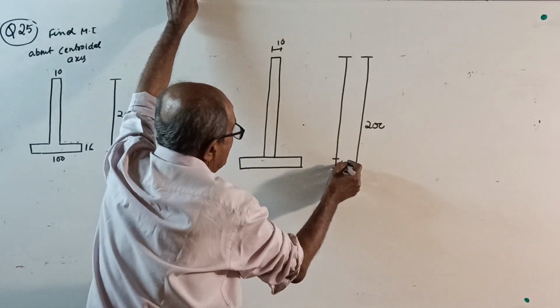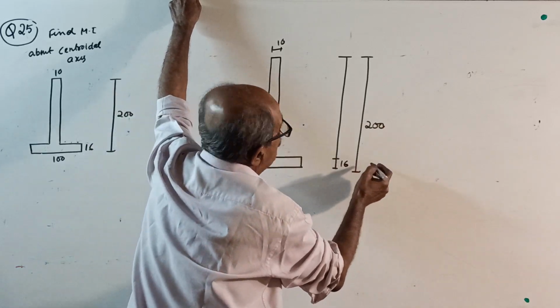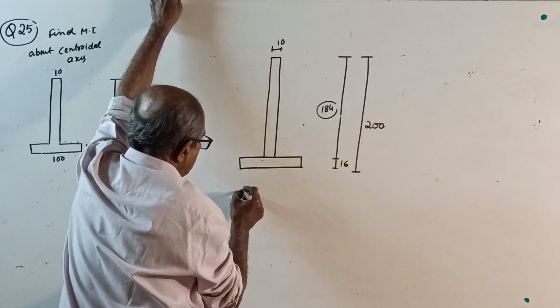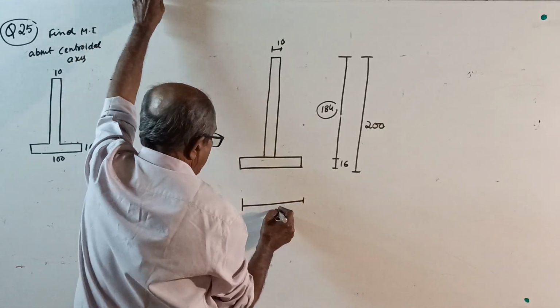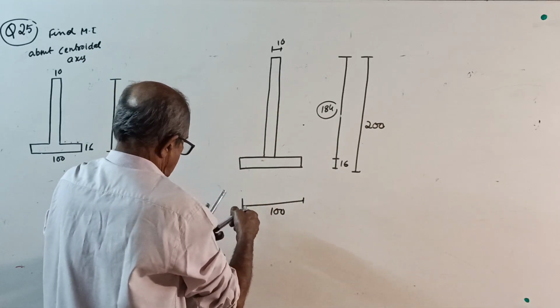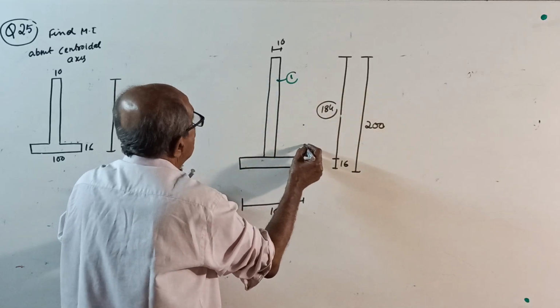So from 200, subtract 16, you get 184. Calculated value. And this width is 100. I will take this as 1 and this as 2.